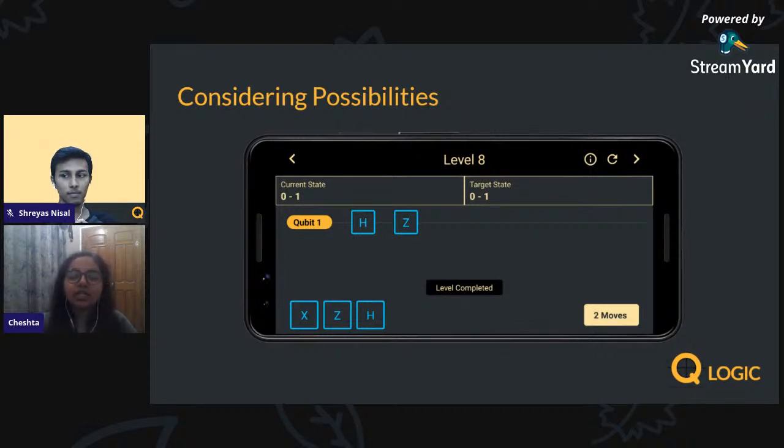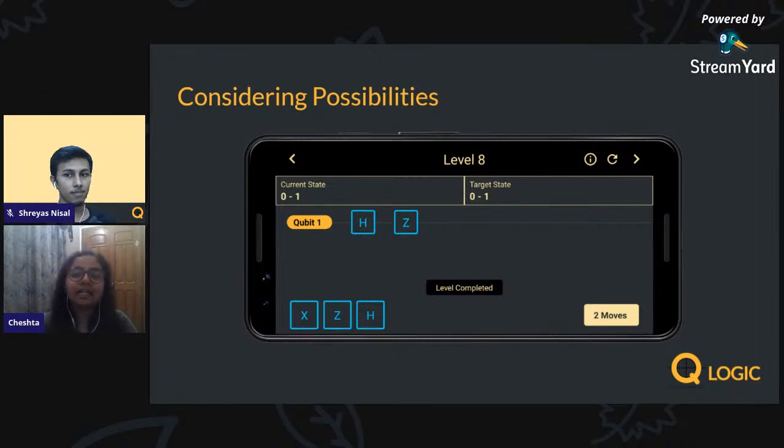So we decided to keep the moves counter. Now what we do is we rank the player on the basis of the number of gates they've used instead of the way through which they're reaching the 0 - 1 state or the final state.